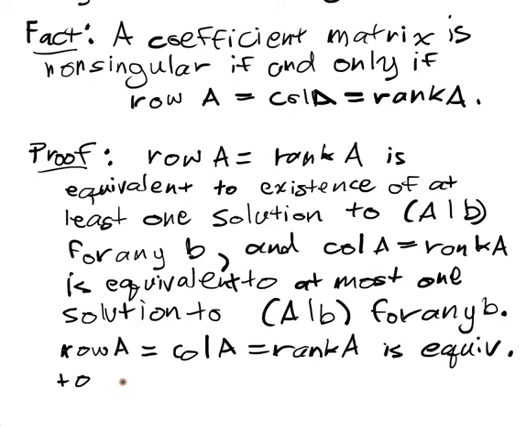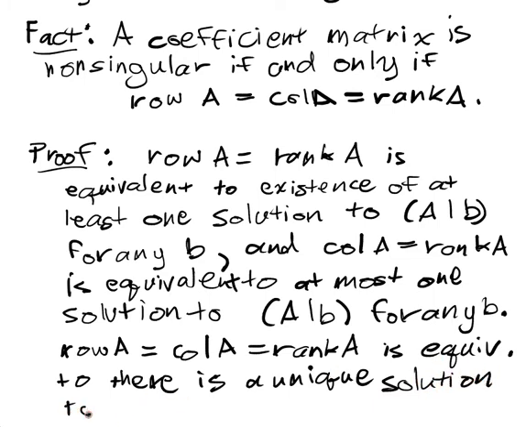That is, there is a unique solution to A augmented with B for any B. But that was just the definition of non-singularity, and so we have the proof. We have the equivalence of these two statements, and we're done. We write our tombstone.